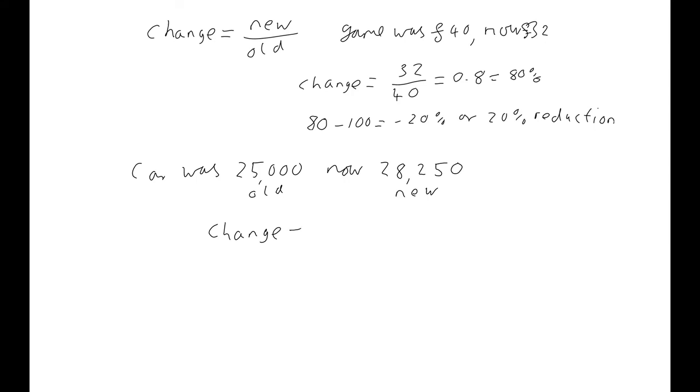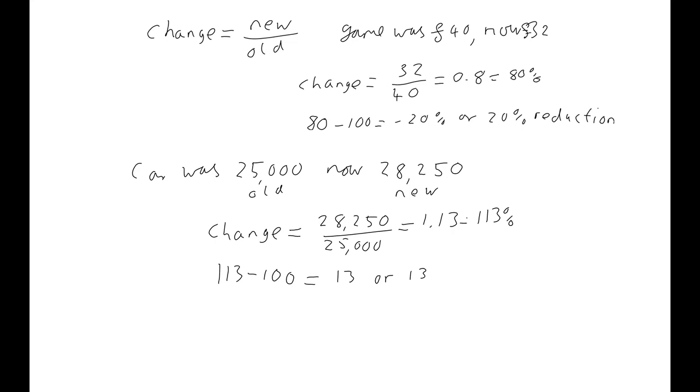So change equals new price over old price, and that equals 1.13, which is 113%. Now, you could see this is 13% more, so it's a 13% increase, or you could do 113 minus 100. Notice we've just taken 100 away, so it's the same trick each time, which equals 13, positive 13 this time. So another way of writing it is it is a 13% increase.